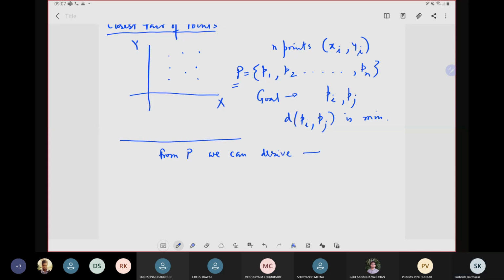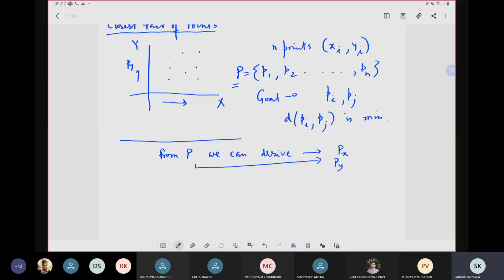two things. One is Px. What is Px? Px is the same P, but sorted according to x coordinate. And from P, we can again derive Py, which is the same set P, but now sorted according to y coordinate. So they are sorted along this line, that is Px, and sorted along this line, that is Py.